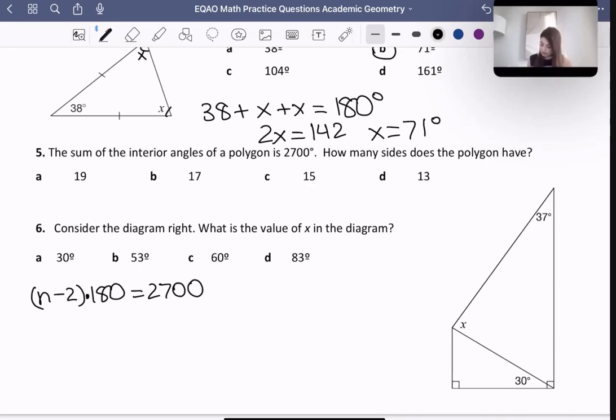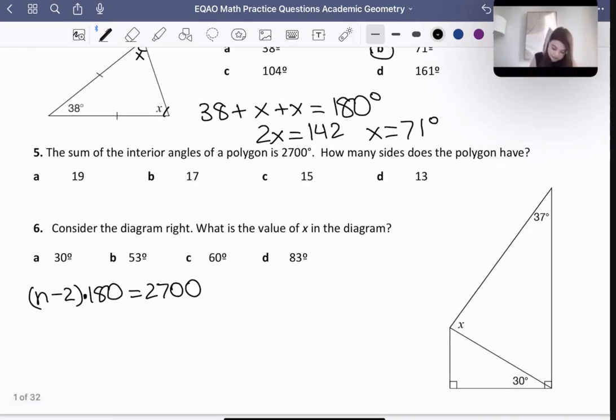So what's our value for n? The first thing I'm going to do is divide both sides by 180. So what's 2,700 divided by 180? It's 15. So n minus 2 is equal to 15, right? And actually, let's make more clear how I got there. If we divide both sides by 180, then I get n minus 2 is equal to 15, and therefore n is equal to 17.